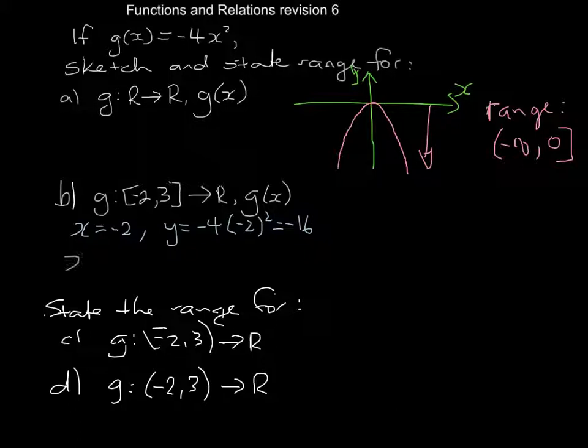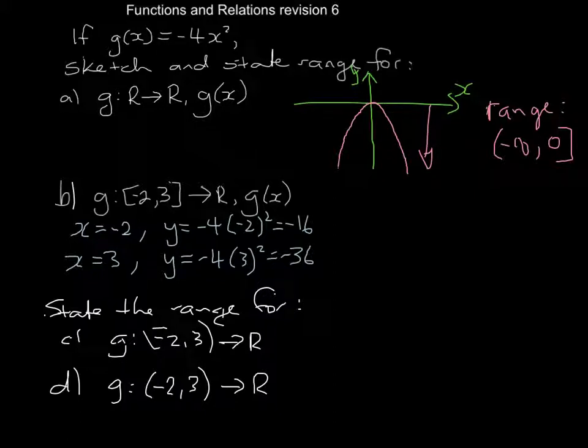And similarly, when x is equal to 3, y will be equal to negative 4 by 3 squared. 3 squared is 9. 9 times negative 4 is negative 36.